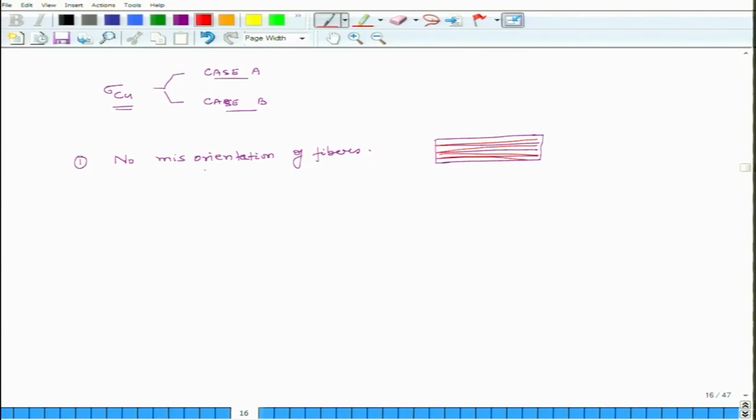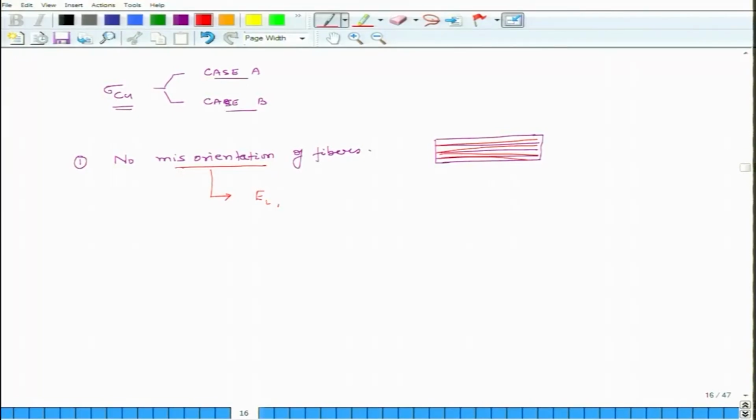And if there is misorientation, the first thing, and we will see it later in the course, if the fibers are not exactly aligned in the 0 degree direction, our computation of EL actual will be less than EL theoretical, which we computed, and we will actually see how this thing gets influenced.